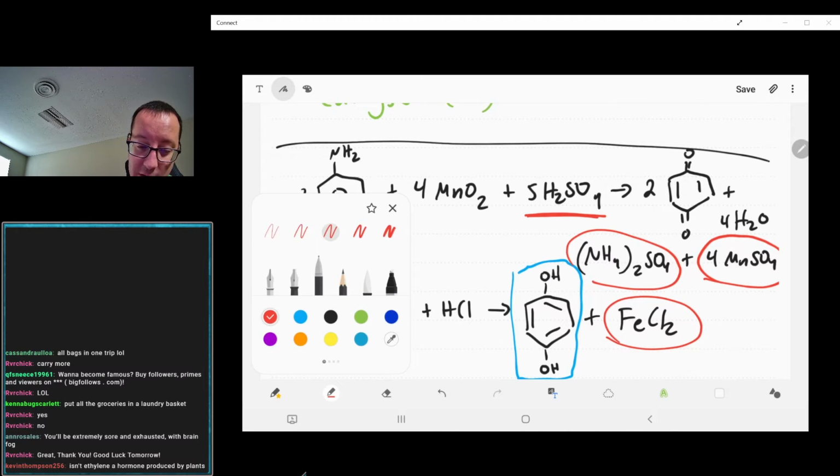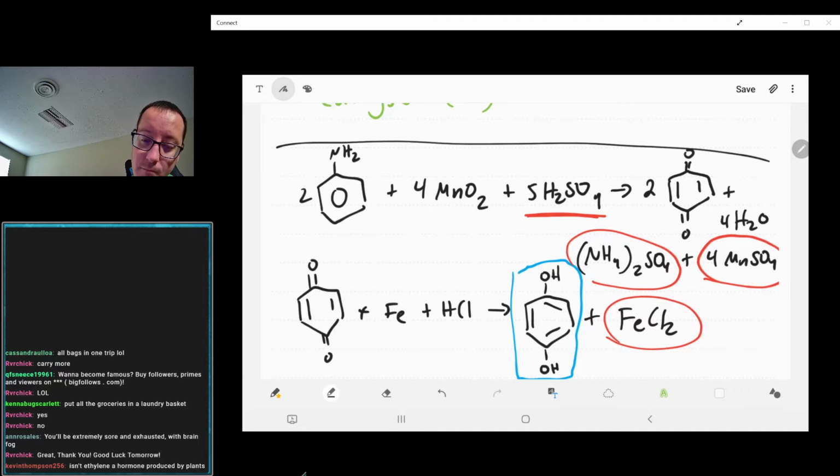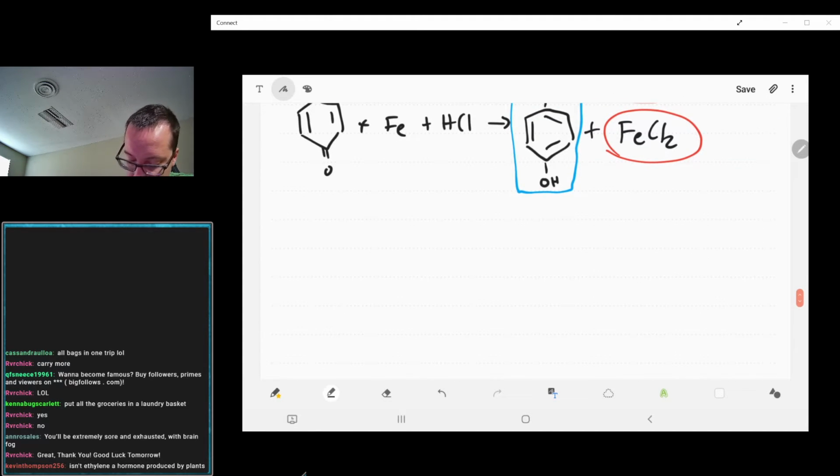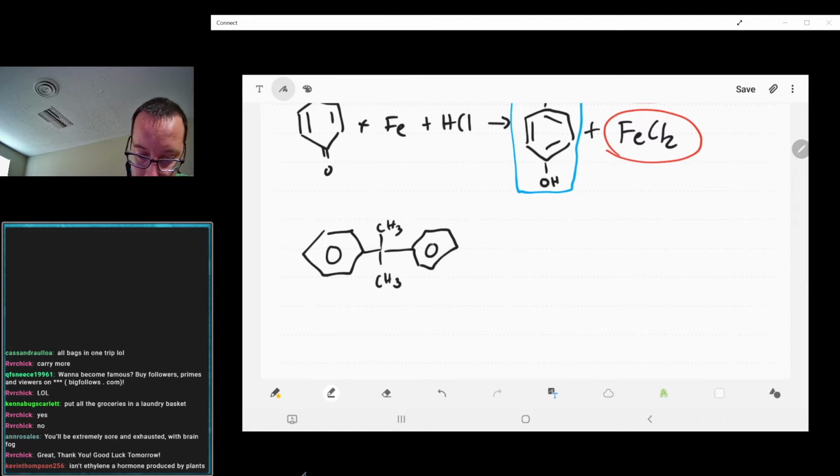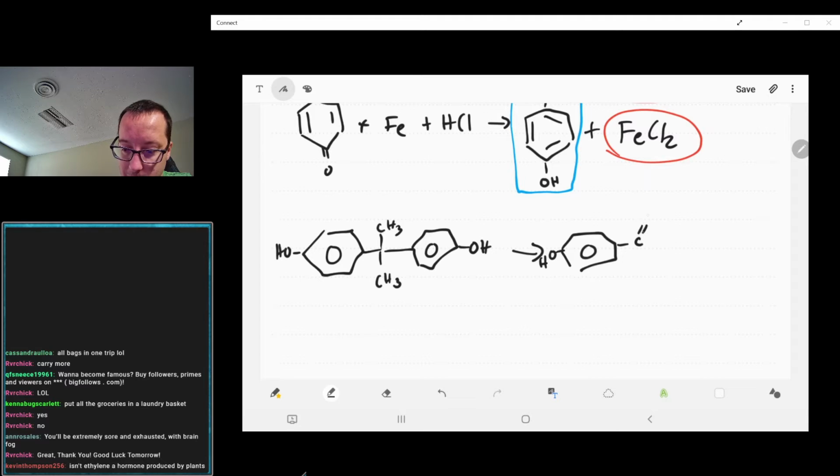So a greener alternative will be to use I think there's an OH on there, yeah. We can just use this to split itself up. We end up getting a phenol off of this.